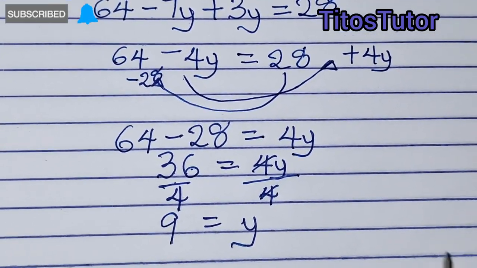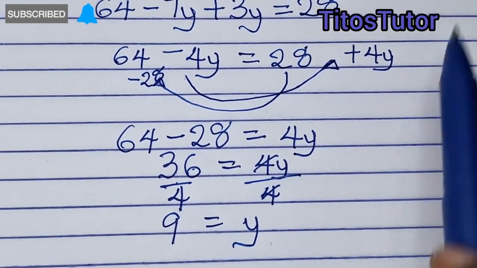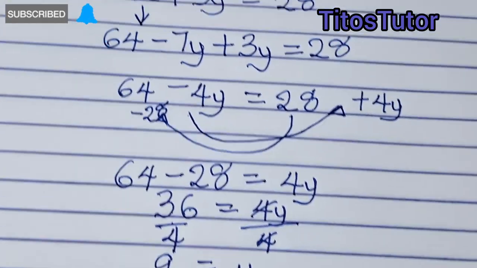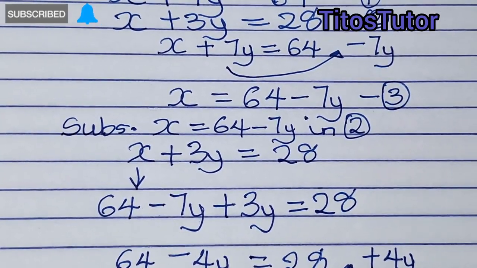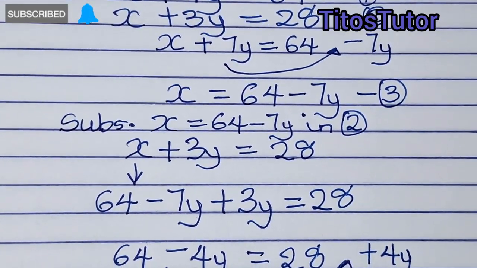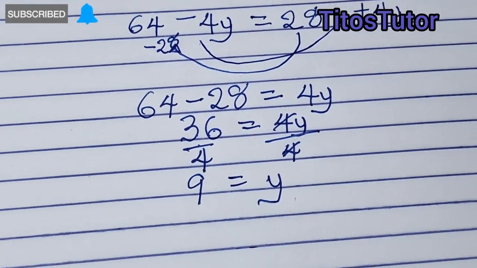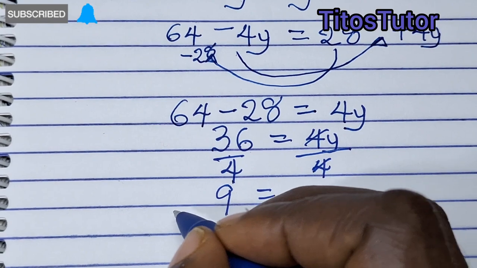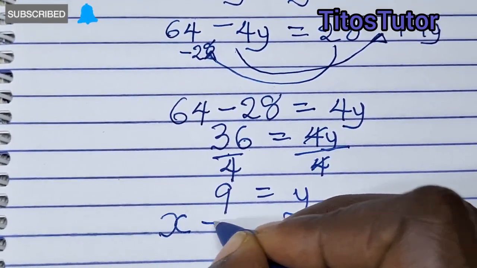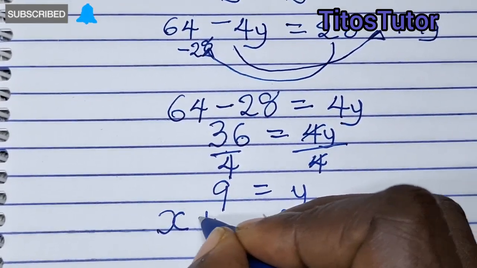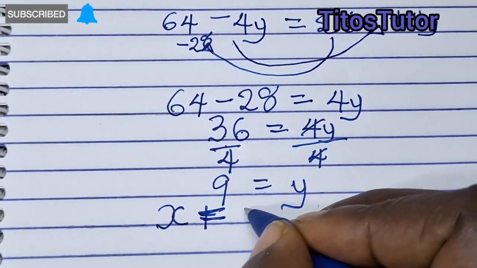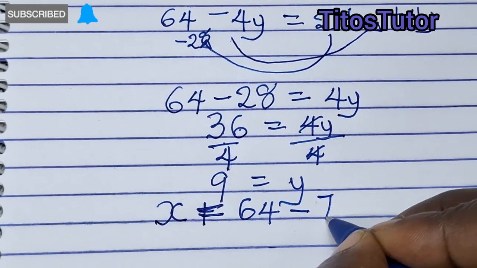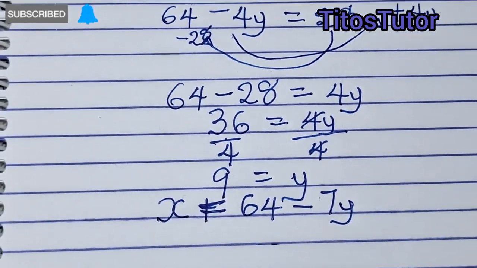So I can actually substitute y as 9 in equation 3. Because in equation 3, x is already standing on its own. So I'm going to write that equation 3 again and substitute for y so I can get my x value. x is equal to 64 minus 7y. This is my equation 3.